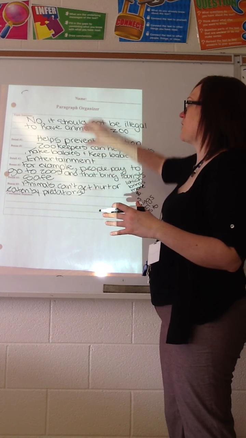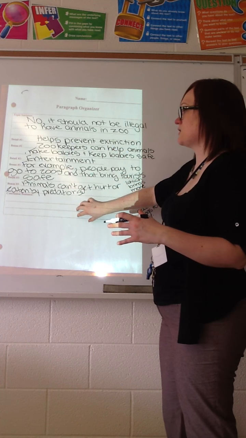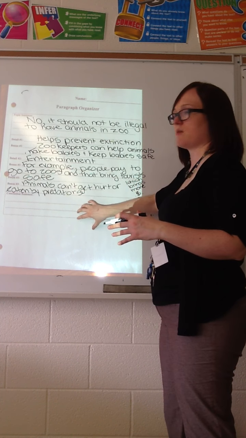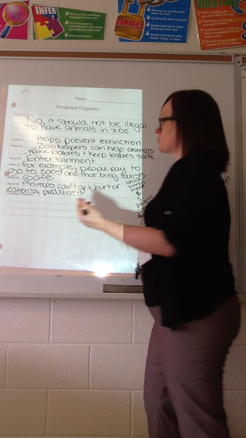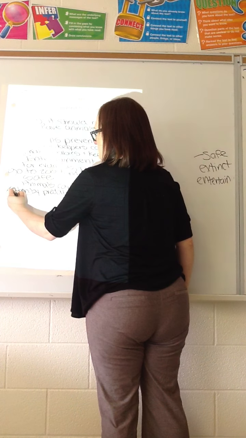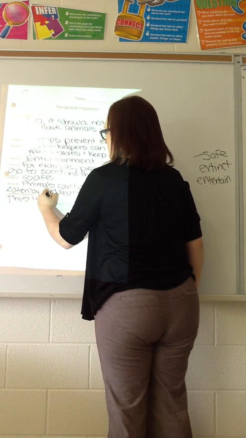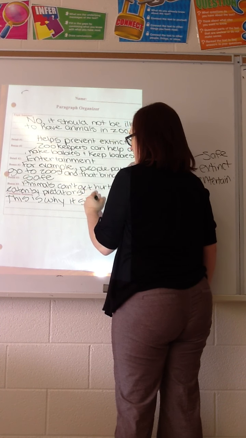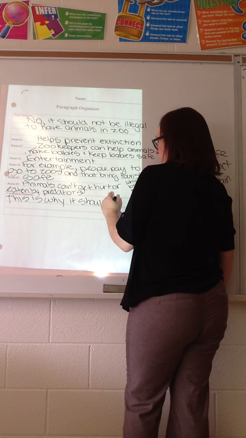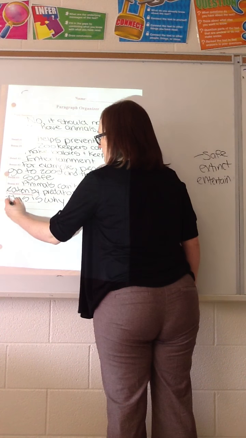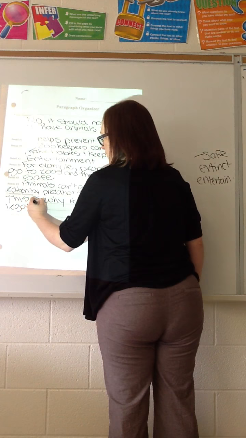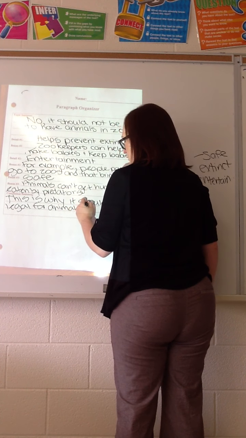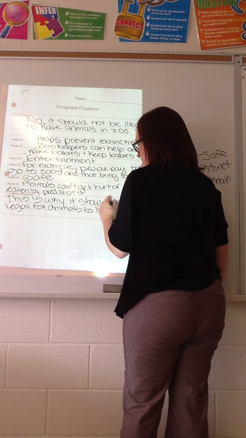Okay, in conclusion, all you then do is reword your topic sentence below. Not every word is the same, not copying it word for word, but rewording your argument. So this is why it should be legal for animals to live in zoos.